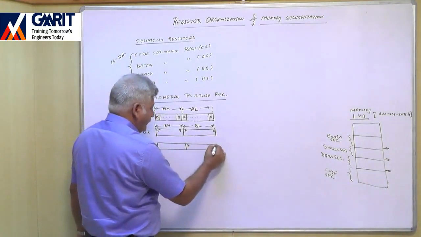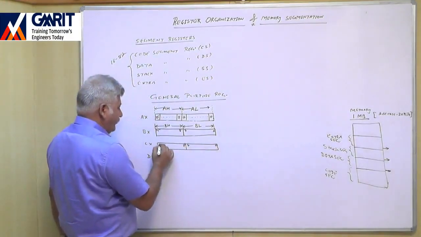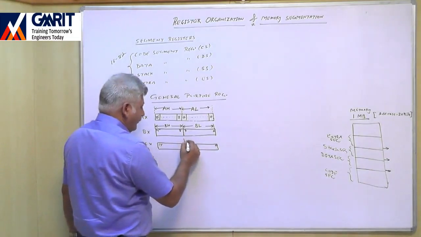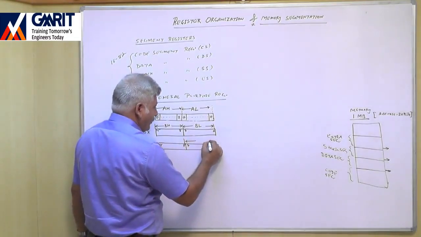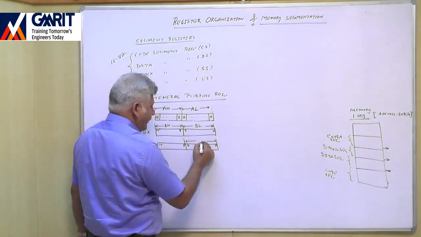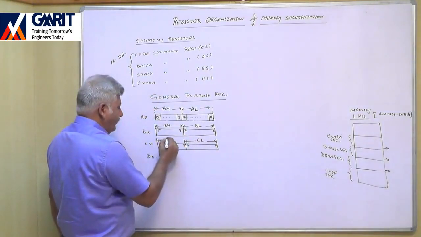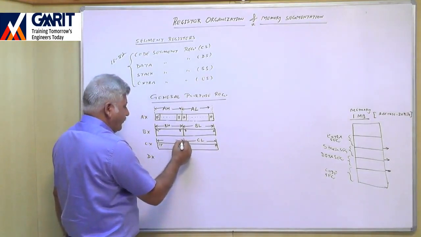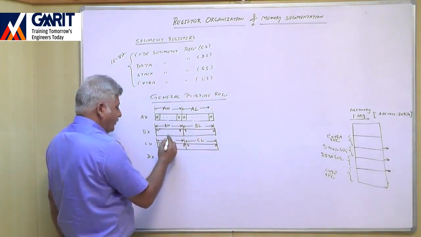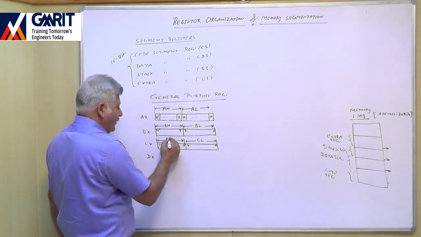Bit number 0 to 7, and 8 to 15. From bit number 0 to bit number 7, we can access it by the name CL, and from bit number 8 to bit number 15, this portion of the bits we can access by the name CH.